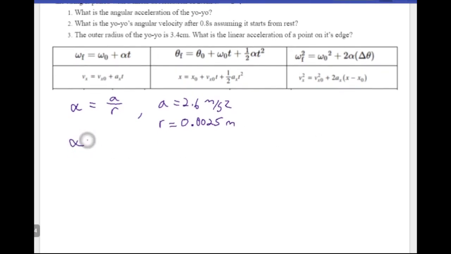Now all we do is plug these two numbers into our equation, 2.6 divided by 0.0025, and we find out that our angular acceleration should be 1040 radians per second squared.